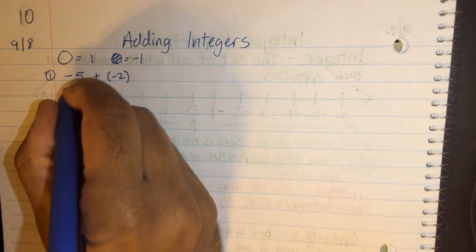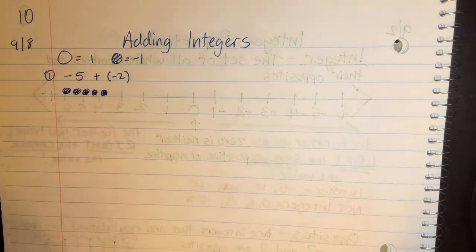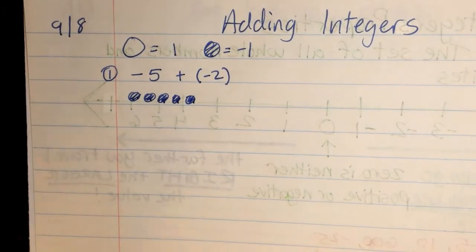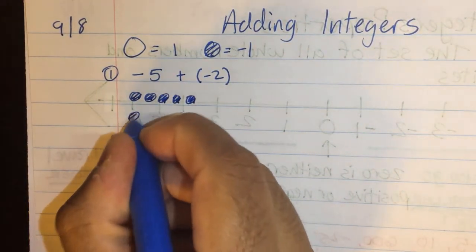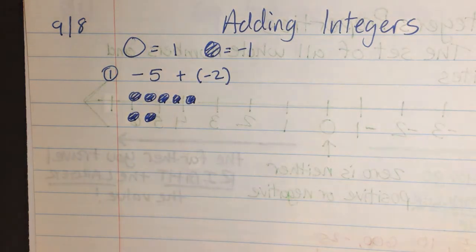I have negative 5, so 1, 2, 3, 4, 5. So we have negative 5 and negative 2. 1, 2.